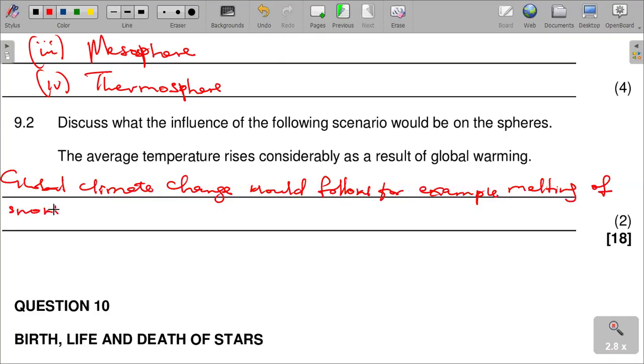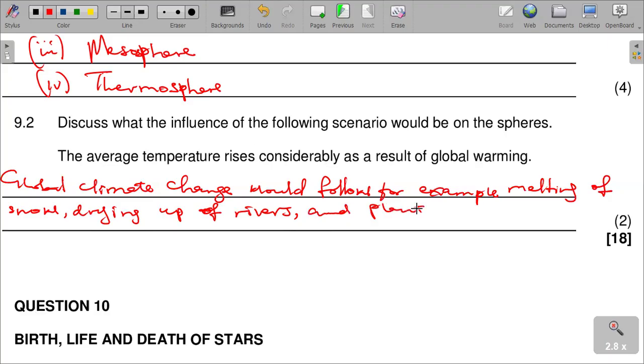We can talk about melting of snow, and then drying up of rivers, and then we can also talk about plants and animals suffering from the increase in global temperatures.